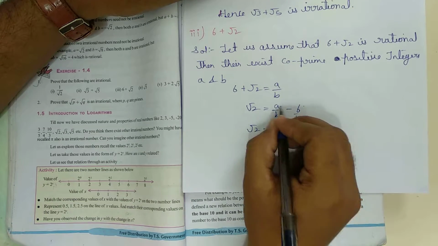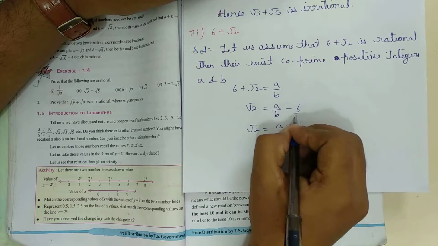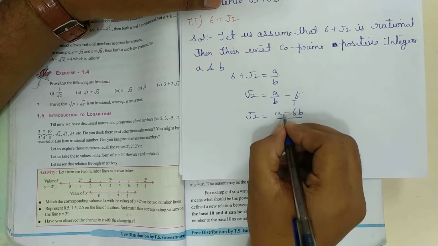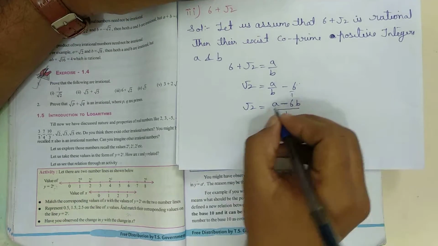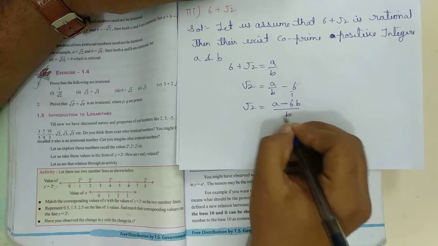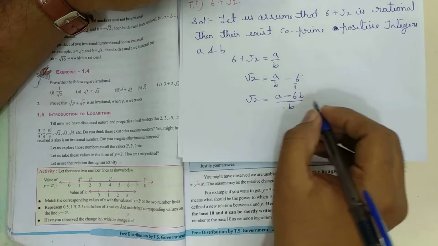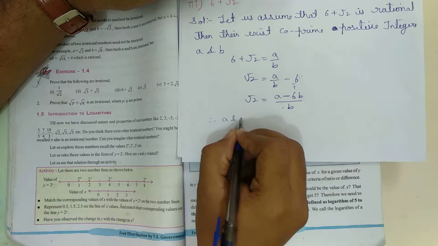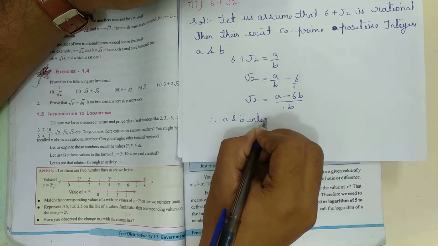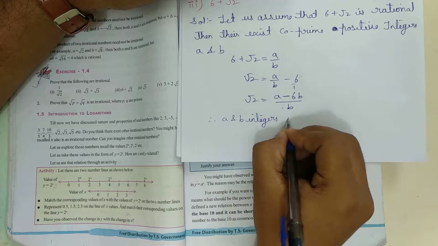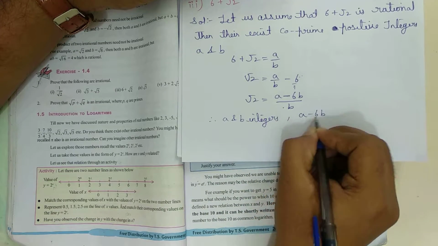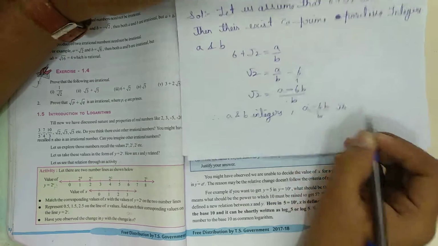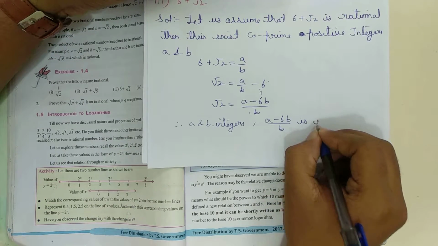b will go to this side, cross multiplication you can say, 1 will go here. Okay, so it has become (a − 6b)/b. So we can see that a and b are positive integers, and (a − 6b)/b is rational.